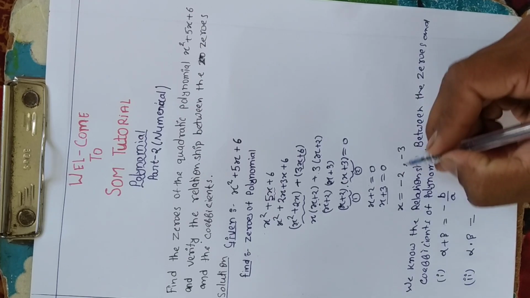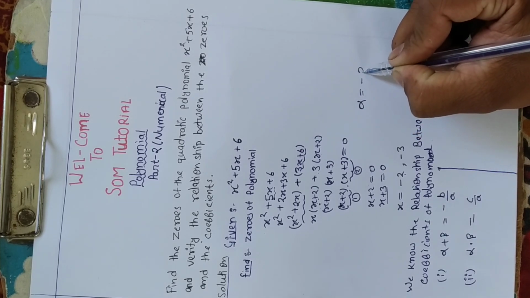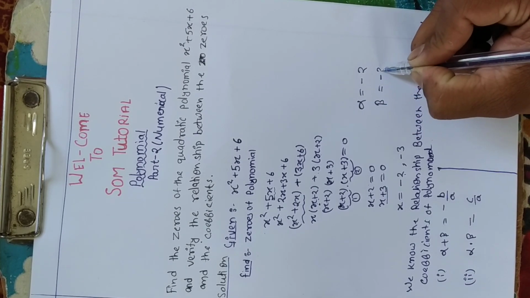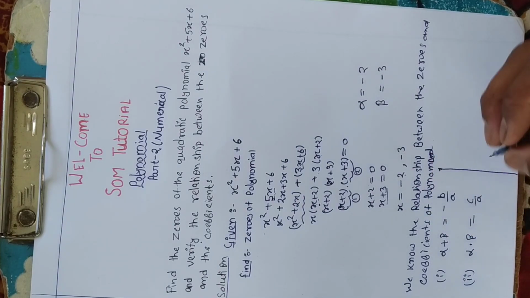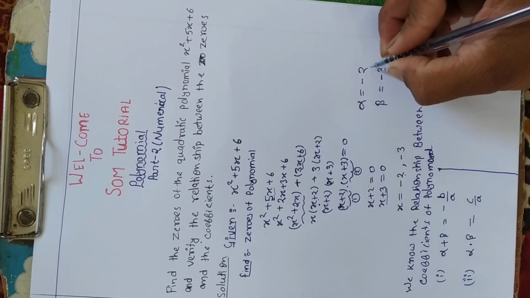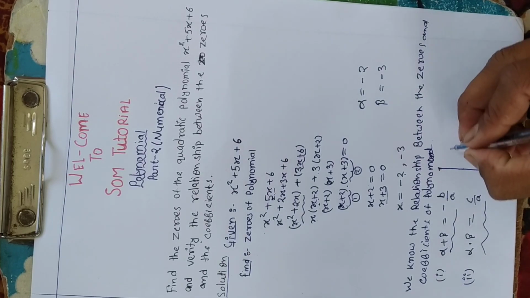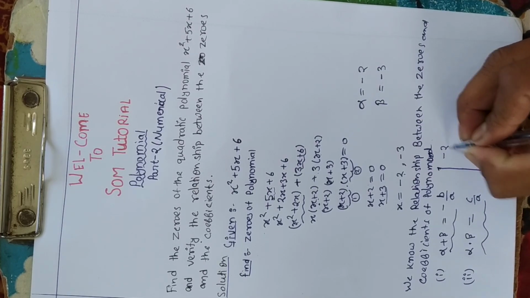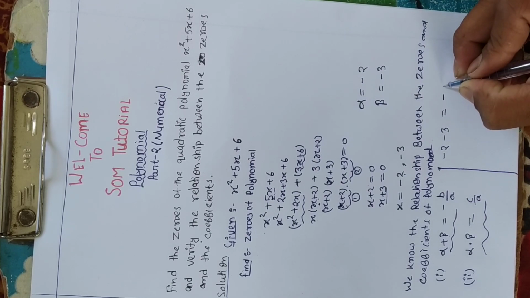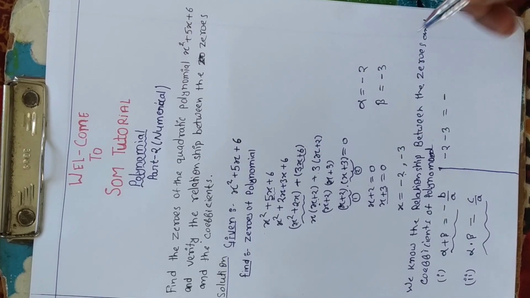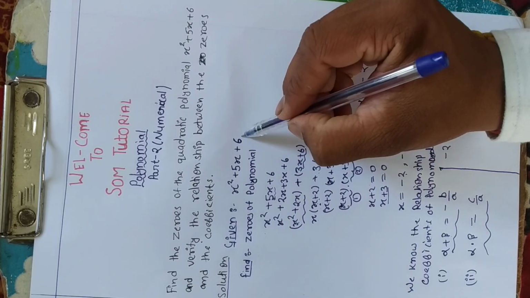So what is alpha? Alpha is equal to minus 2 and beta is equal to minus 3, the two roots. So put this alpha and beta in equation 1 and equation 2: minus 2 and minus 3 is equal to minus b by a. Now identify the value of a, b and c from this equation.